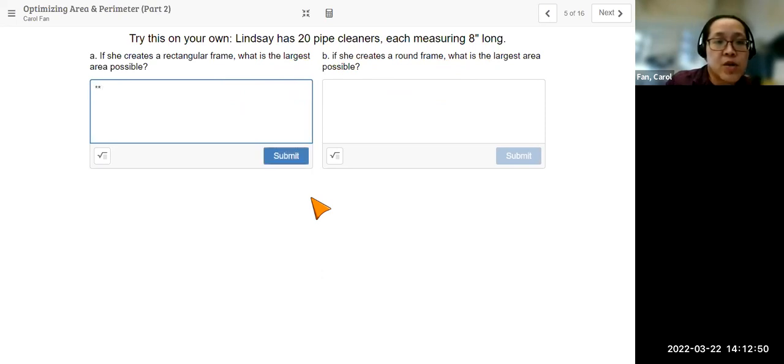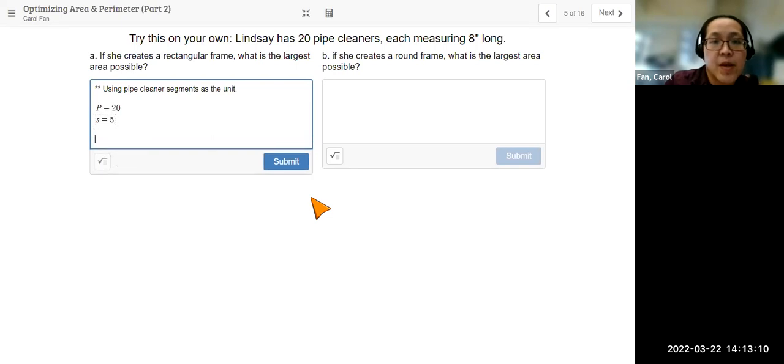So just to note, using pipe cleaner segments as the unit, we have a perimeter of 20, and I know that would mean my side is equal to 5. Okay, so our dimension is 5 segments by 5 segments.